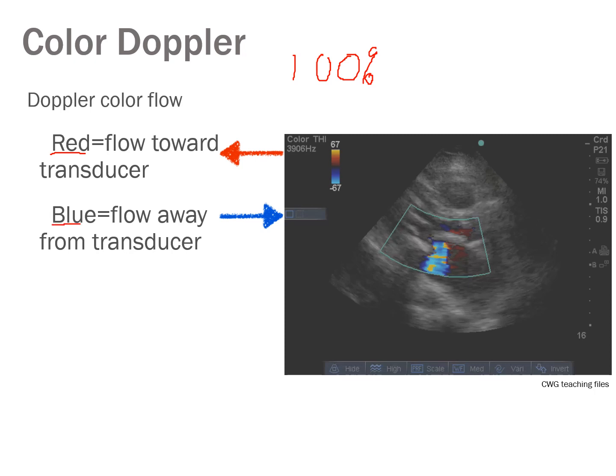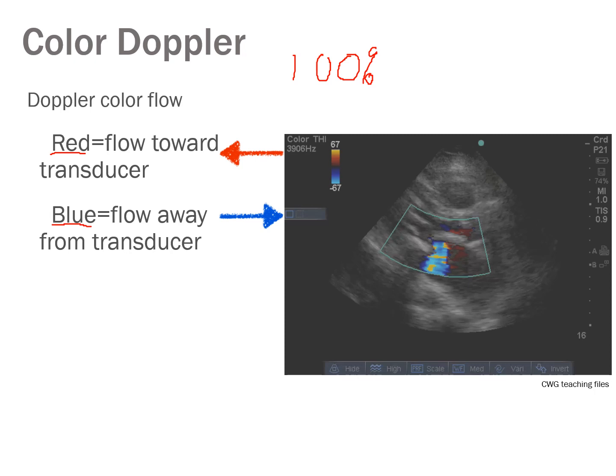And the blue would be the flow away from the transducer, and that's being rarefied just like the ambulance that's going away from you starts to get a lower pitch as a result. So the color is not oxygenated and deoxygenated artery or vein, but simply which direction is it coming towards the probe or away from the probe.